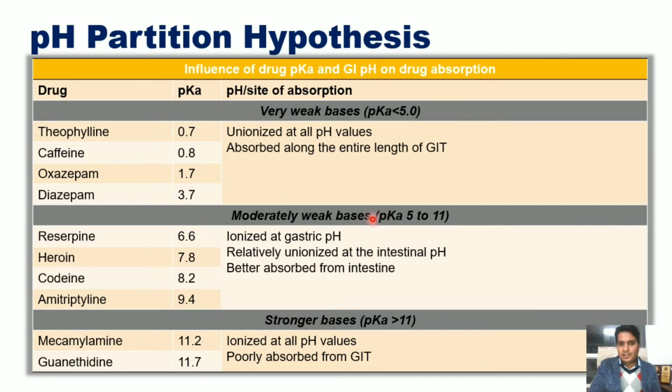If they are moderately weak bases, the examples are reserpine, heroin, codeine, and amitriptyline. These will be ionized at gastric pH and relatively unionized at intestinal pH, so these drugs will be absorbed better from the intestine. In the case of stronger bases, they will not be absorbed from the gastrointestinal tract, and the examples are mecamylamine and guanethidine.